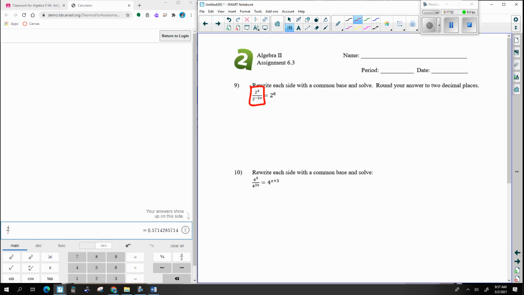Okay, let's consolidate this down to a singular idea. It's a division. That means divisions are subtractions. Top minus the bottom. Minus of a negative is adding a positive. So this is 2 to the 5 plus 2x.